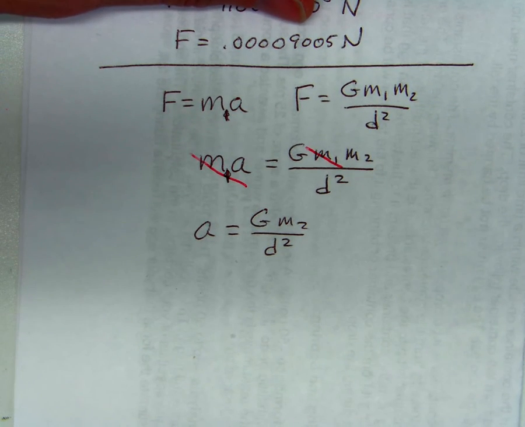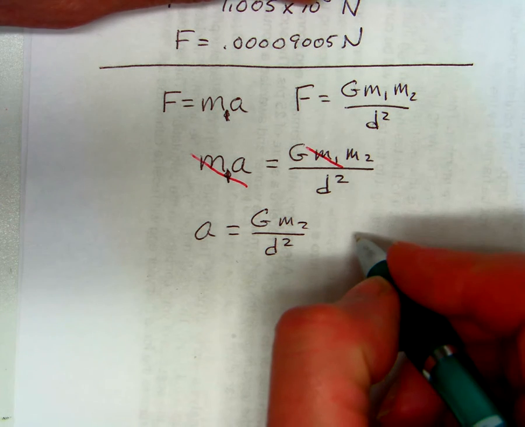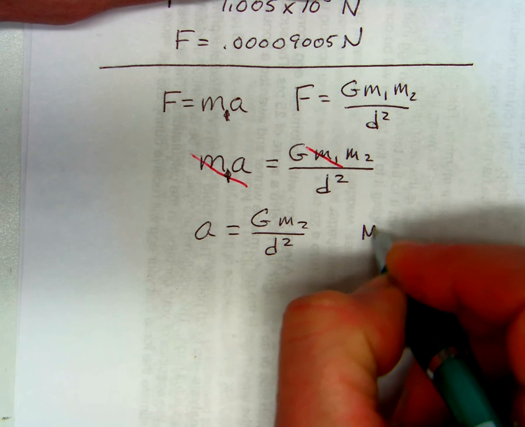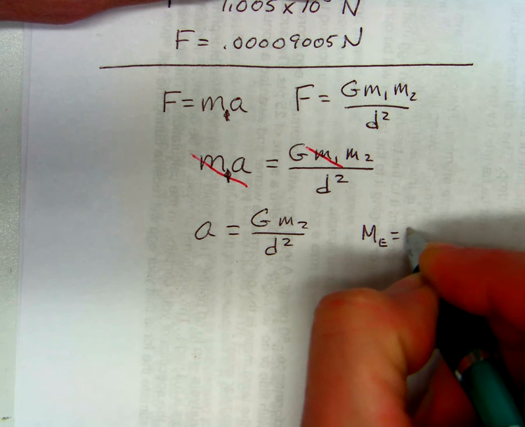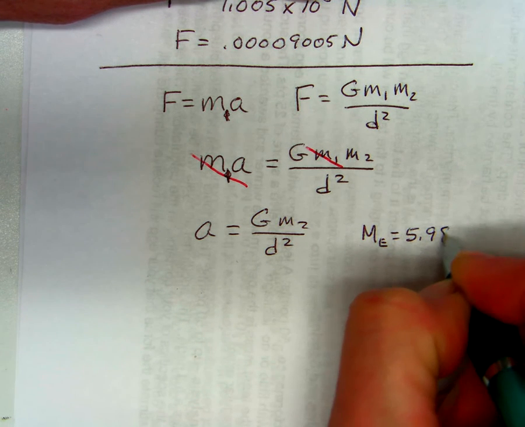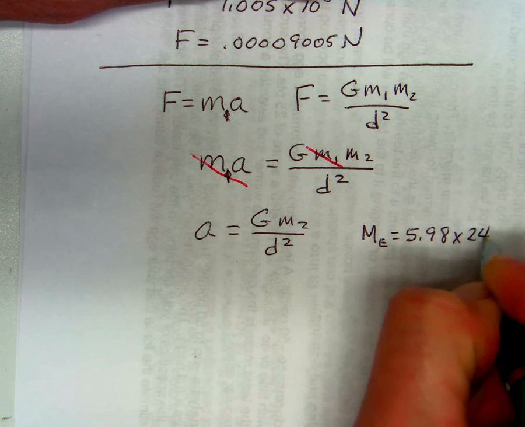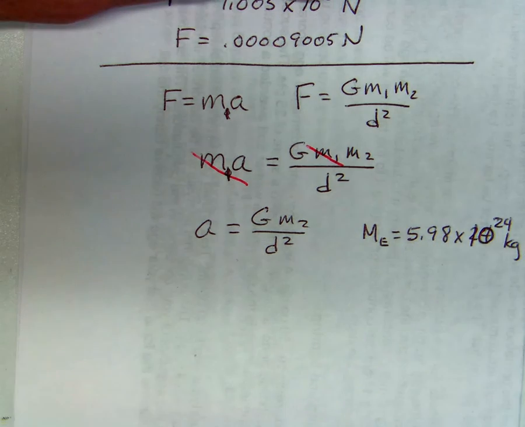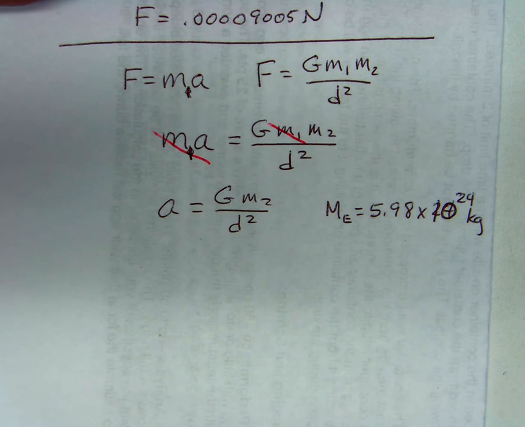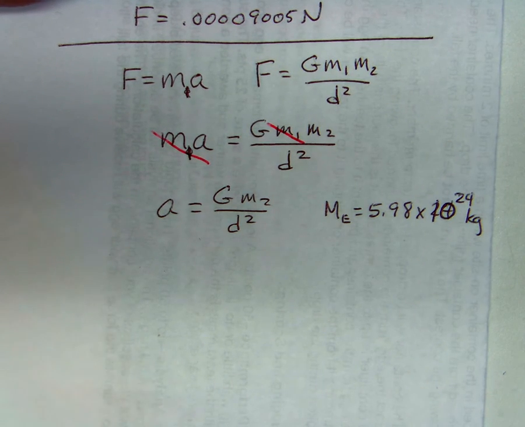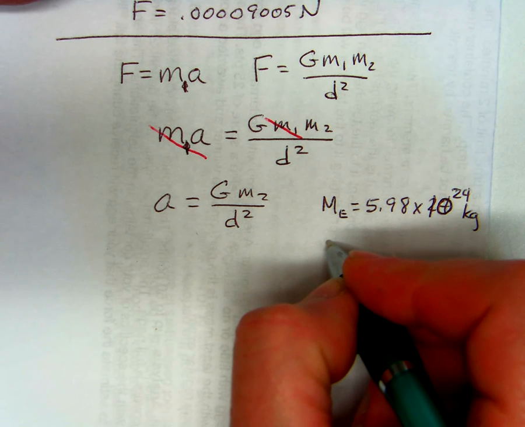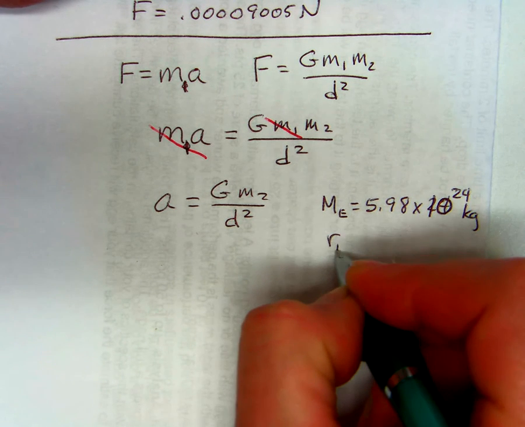If we're talking about the Earth, then the mass of the Earth is 5.98 times 10 to the 24th kilograms. And the distance is the radius of the Earth for things that are on the surface.